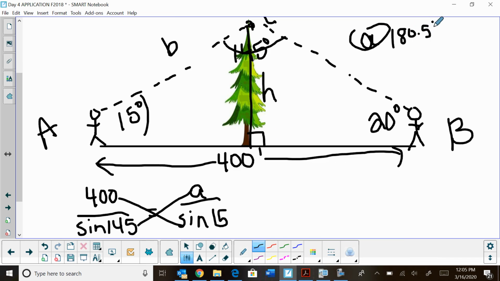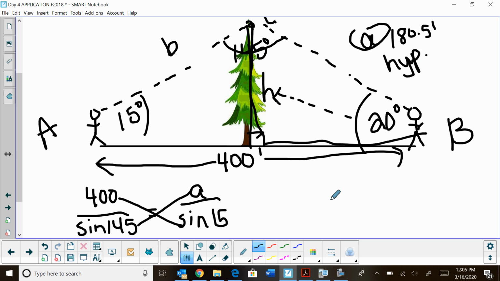Now, I still haven't gotten the height of the tree. I now have to do old school geometry, and I've got to use this 20-degree angle with my opposite and my hypotenuse. So the height of the tree is actually the opposite side.